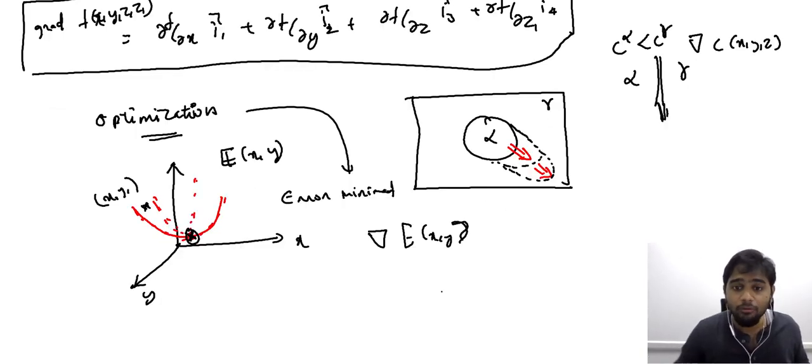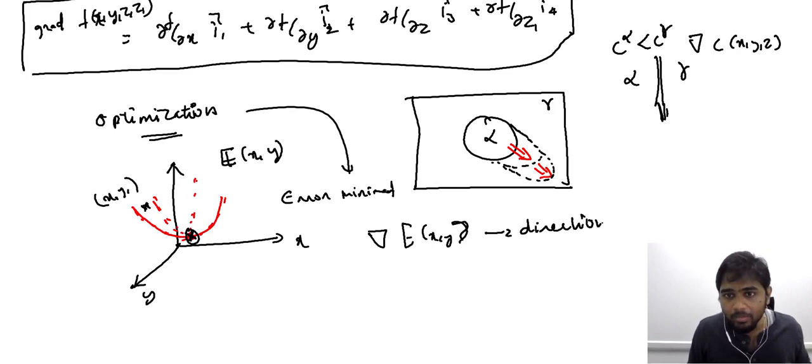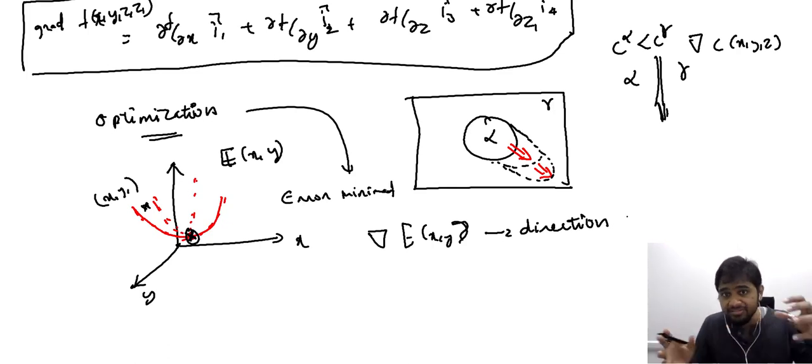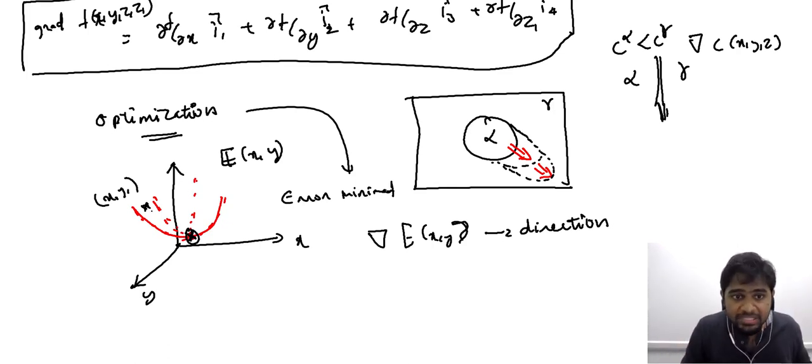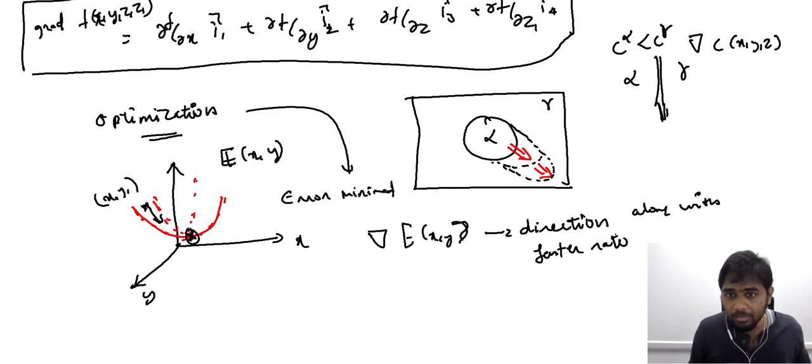Now the gradient of the error function gives us the direction along which the error is decreasing in a faster way, along which the slope is maximum. It means the direction along which the error is decreasing at a faster rate. So what we want to do is reach from the point where we are to this point here, which is the minimal most error point.